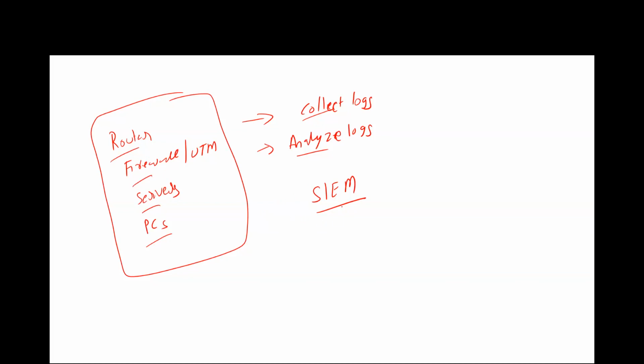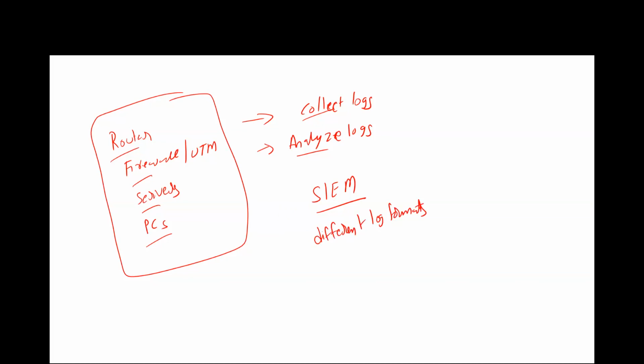It should understand what your DHCP server logs look like, what your DNS server logs look like. So one requirement is that the SIEM solution should understand different kinds of log formats.